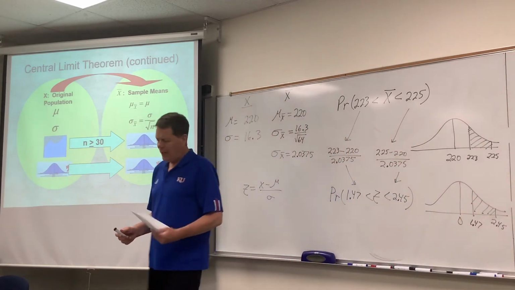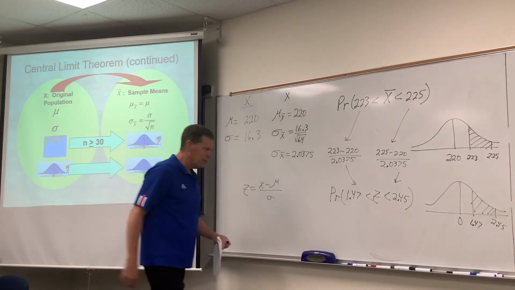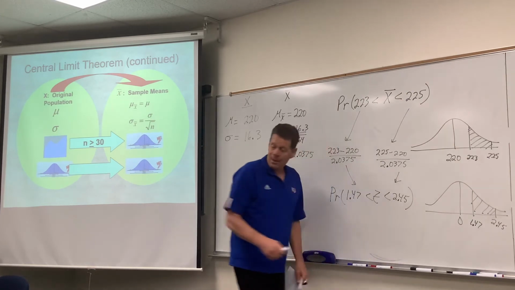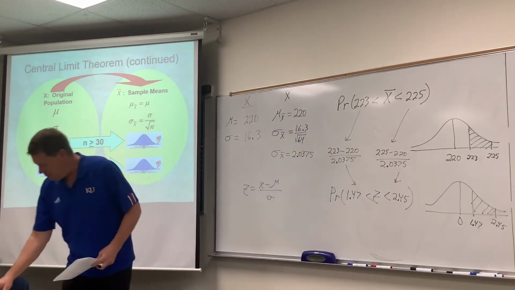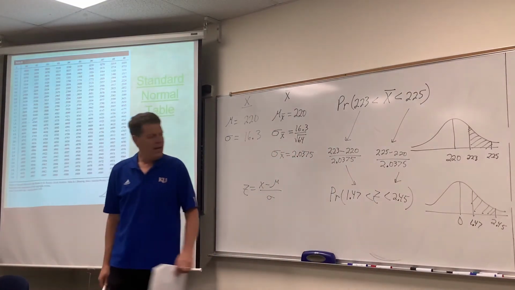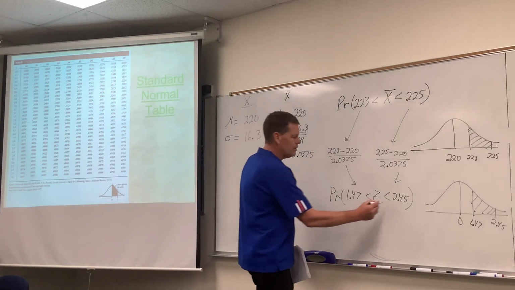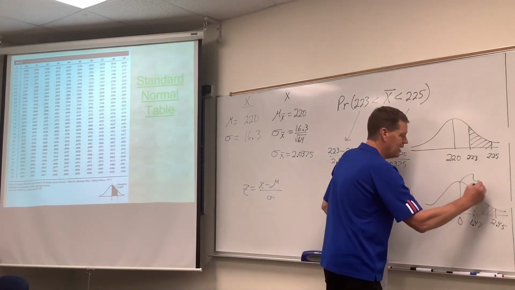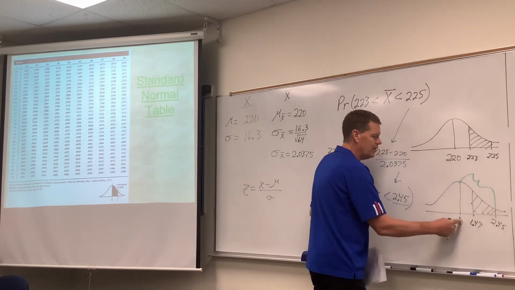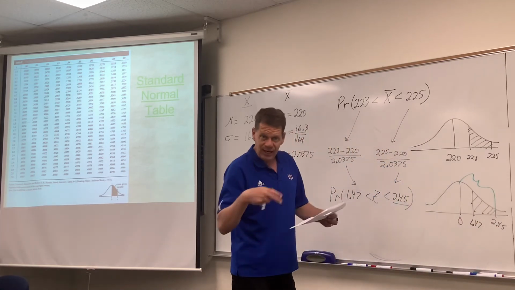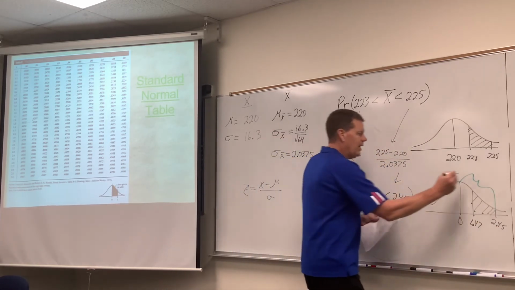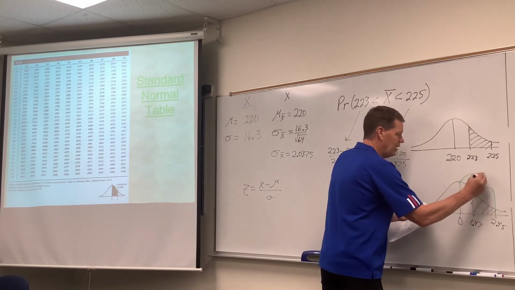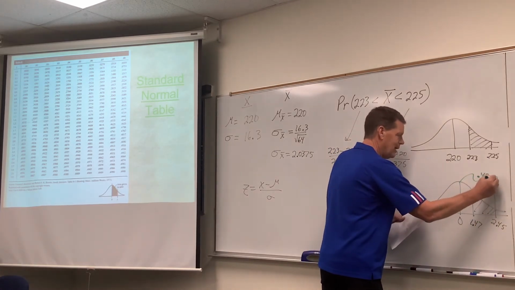And then, you know, I went ahead and did some of the work on this to keep it moving here. It would be table time now, wouldn't it? So the idea would be we would go to the Z table and we would look up these two Z scores. 2.45 it turns out, which I want to remind you would get you from here to the middle. And I did this ahead of time to keep things moving. That generates a middle sliver of 0.4929.